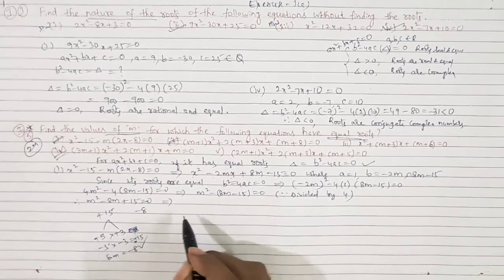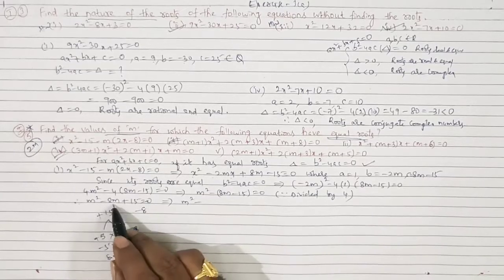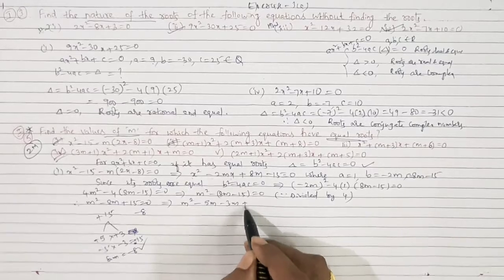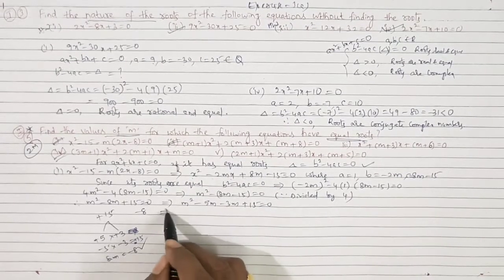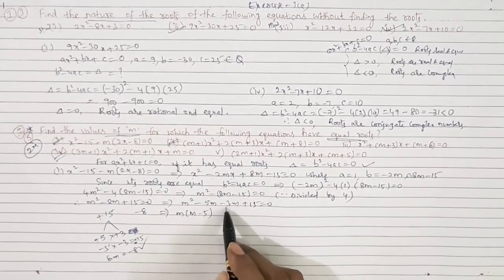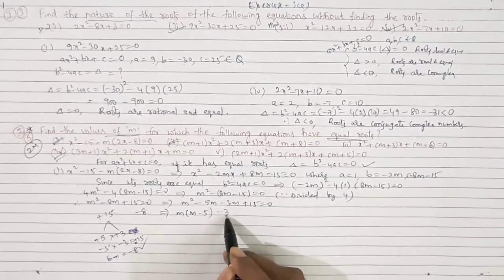Now write m square minus 8m as minus 5m minus 3m plus 15 is equal to 0. Then take m common from the first two terms, and take minus 3 as common factor from the other two terms, then it becomes m minus 5.